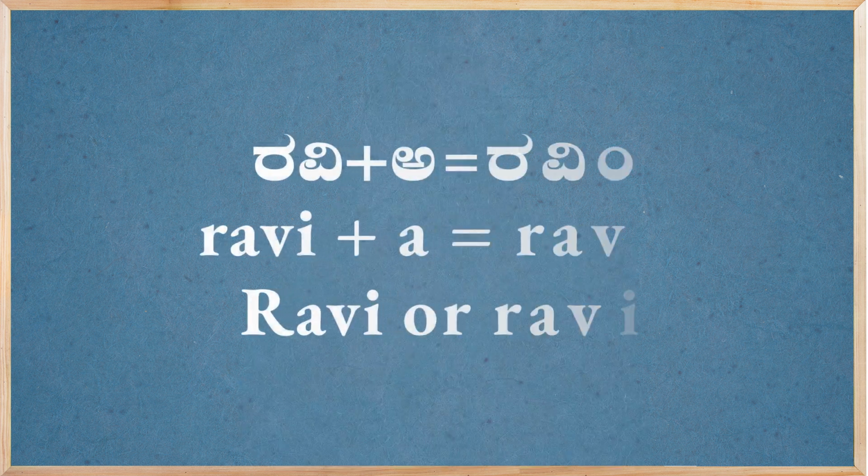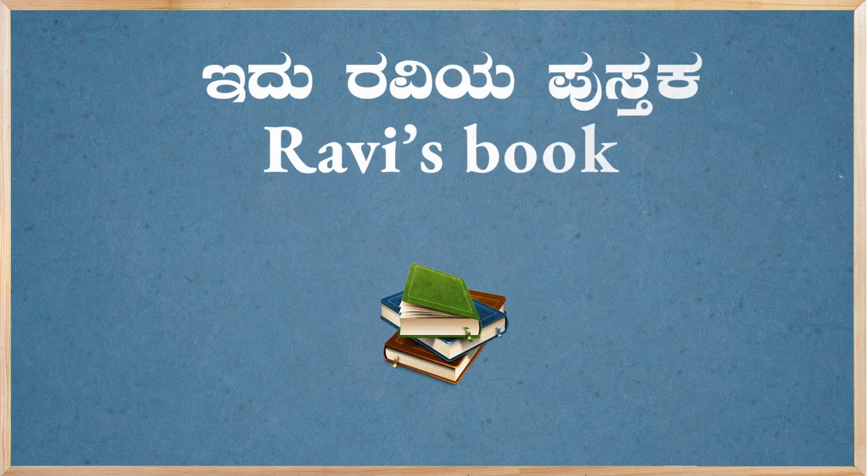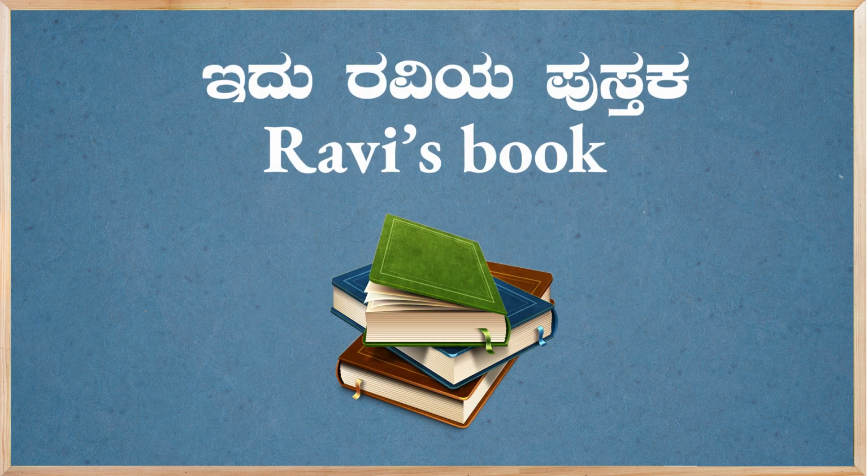Let me give you some examples of possessive forms with internal changes. Ravi plus a. Please note, Ravi has the sound ending with e. Ravi plus a becomes Raviya. Raviya, meaning of Ravi or Ravi's. Let me give you an example in a sentence.